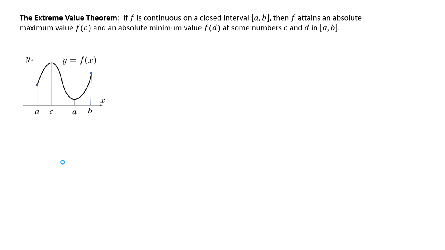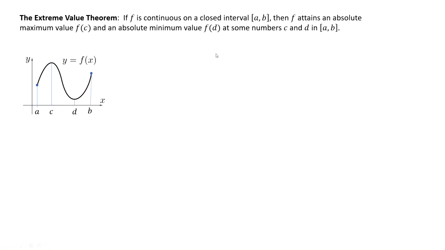Okay, all right, so let's see. What is this extreme value theorem? It says if f is continuous on a closed interval [a, b], that must happen. That means it must be defined even at a and at b. That is the key. The closed interval means at a, it must be defined.